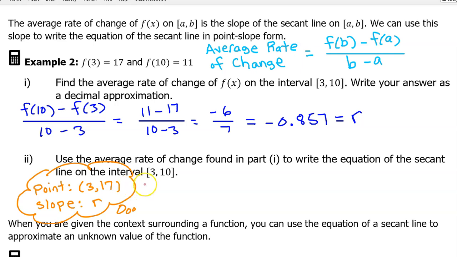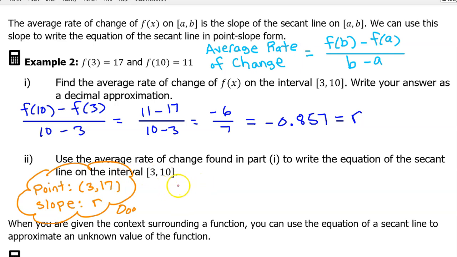We like to use point-slope form to write a linear equation, so we're going to need a point and the slope. We can get a point by using one of the values given in the setup, and the slope will be the average rate of change. You don't have to show this part, so I'm putting it in a thought bubble. I'm just showing it for instructional purposes.